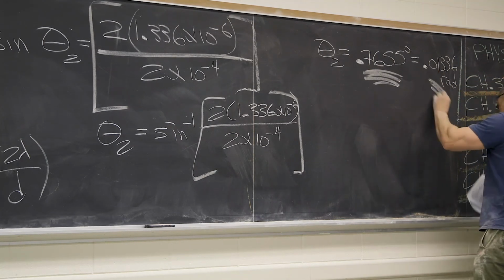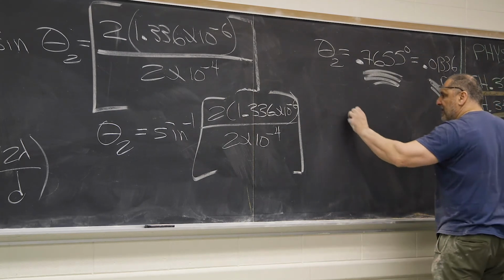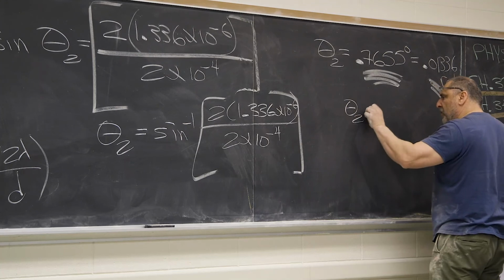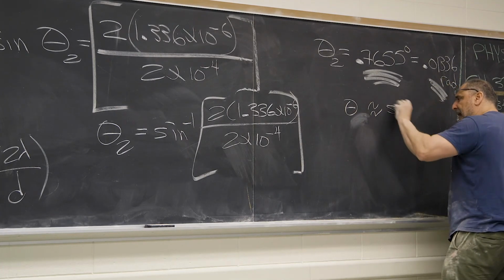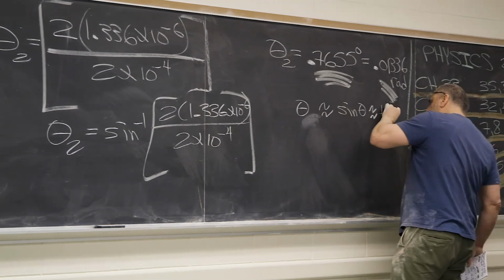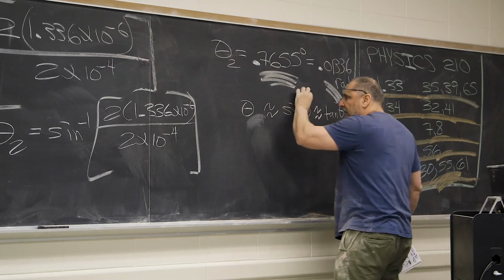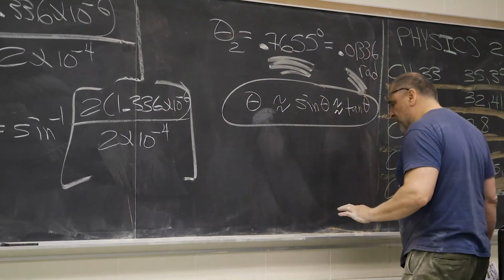Here's your angle. As we said, if you're using radians, theta is about equal to sine theta is about equal to tan theta. They're all about equal to each other if it's really small degree measures.